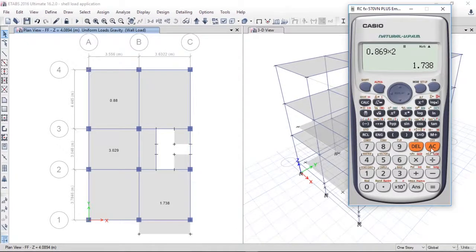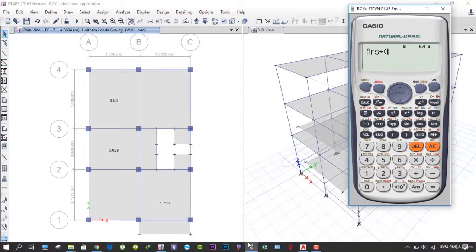Right, after that we go for the parapet wall. The volume we stored in the value of C. Okay, so we divide it by the area. I should have stored that area, but I didn't.